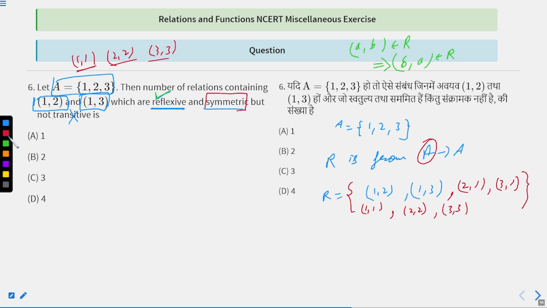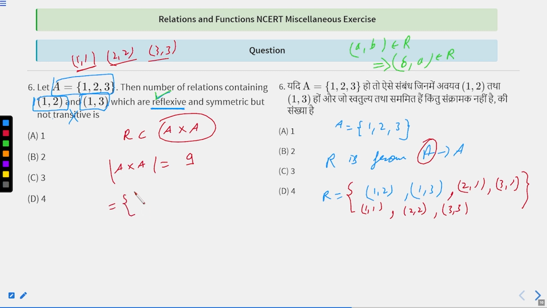Now R is a subset of A cross A, and the total number of elements in A cross A will be 9.